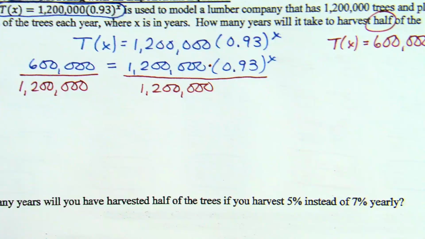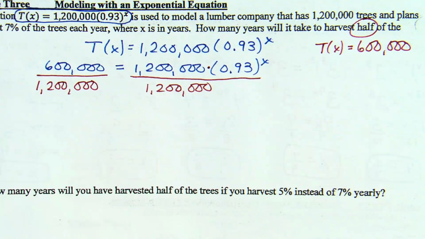What is 600,000 divided by 1,200,000? Think about it. You already know it in a way. What? 0.5? Because 600,000 was half of 1,200,000.